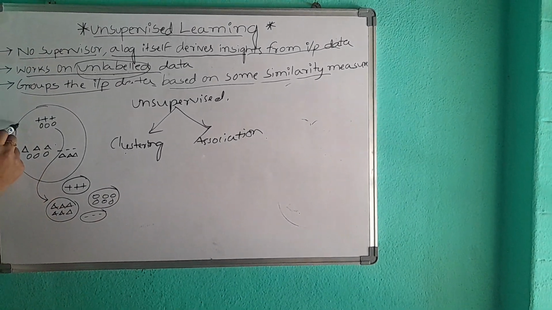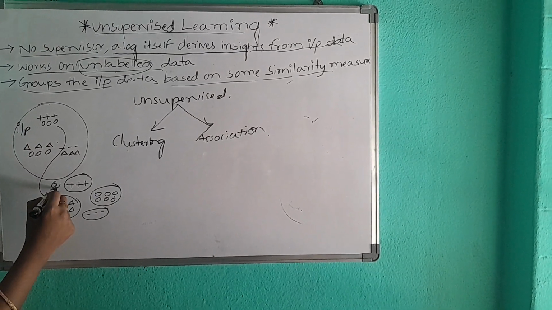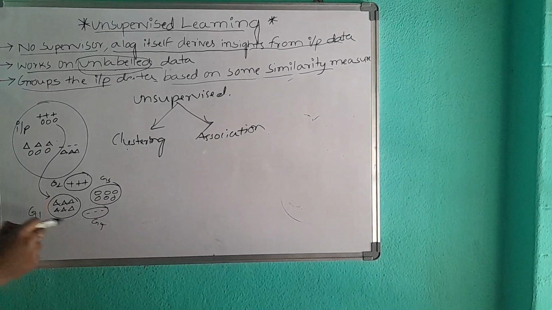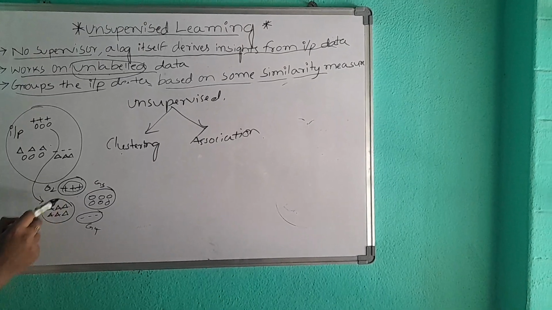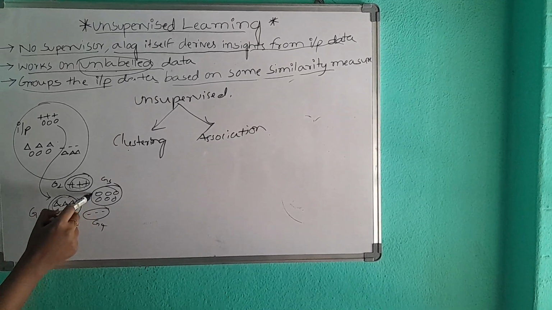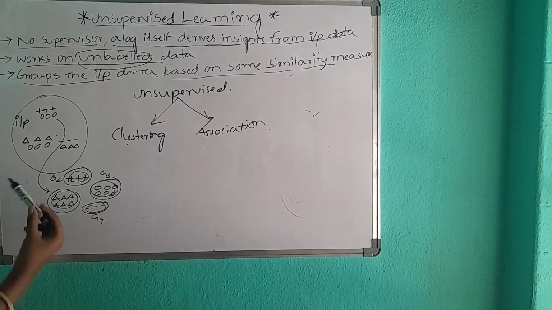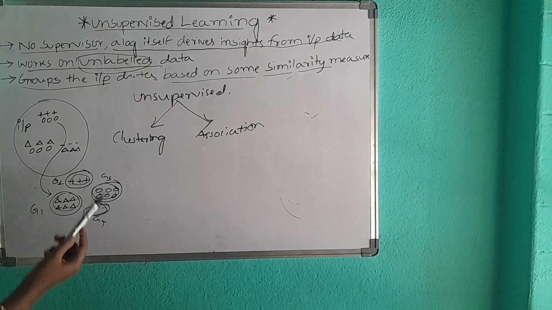From this input data, we get four groups: group 1, group 2, group 3, group 4. It groups these points based on some similarity measure, that is, these all are pluses, all are triangles, all are circles, all are minus. This is called clustering. It groups the data, it makes the input data into groups.